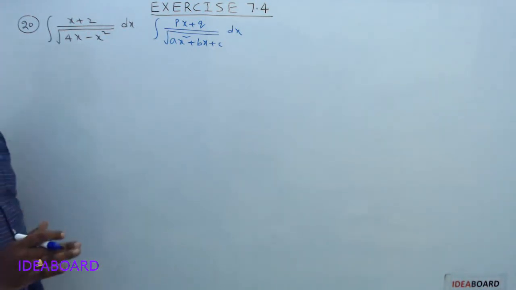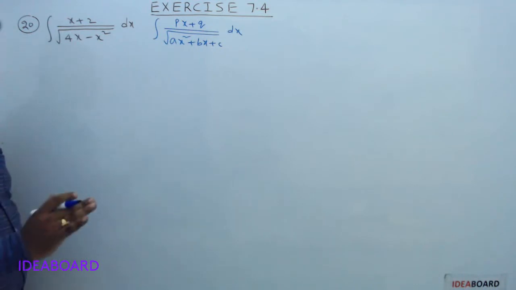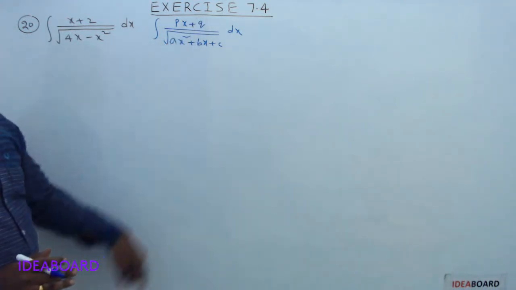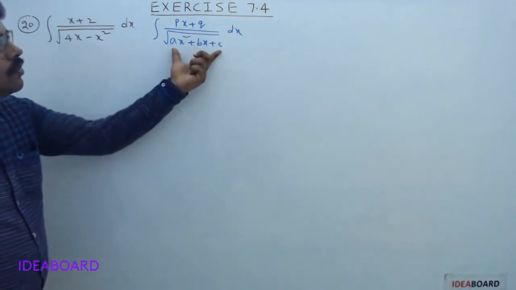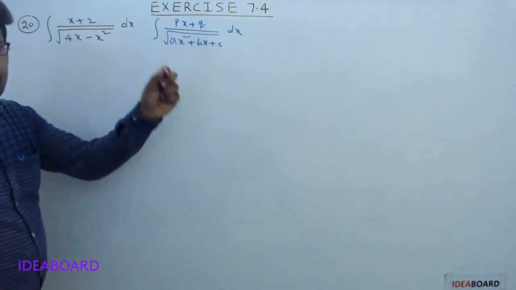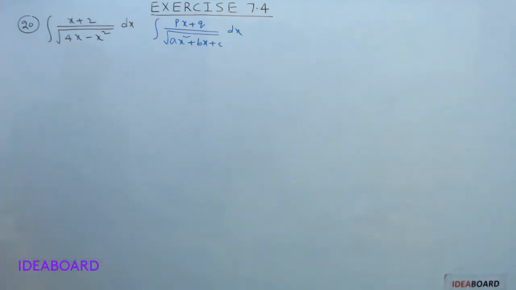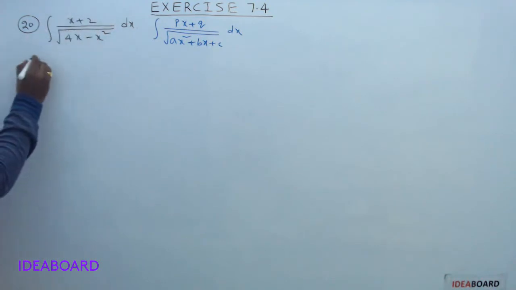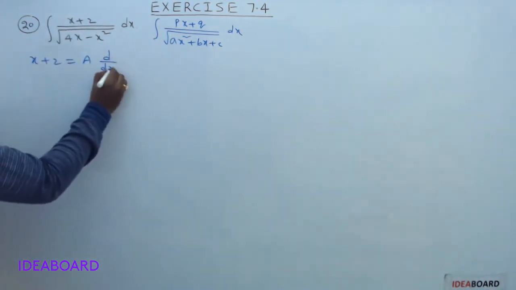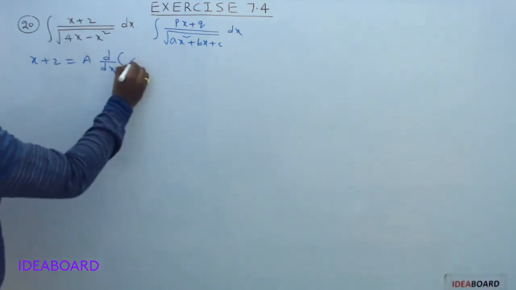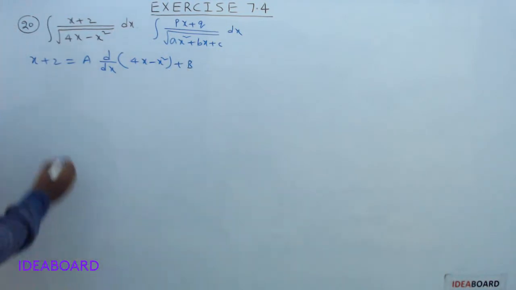Now what is the procedure to evaluate this type of integrals? Write px plus q as some constant a into derivative of ax square plus bx plus c plus a constant b. So use that procedure on your given problem. First write this x plus 2 as some constant a into derivative of 4x minus x square plus a constant term b.